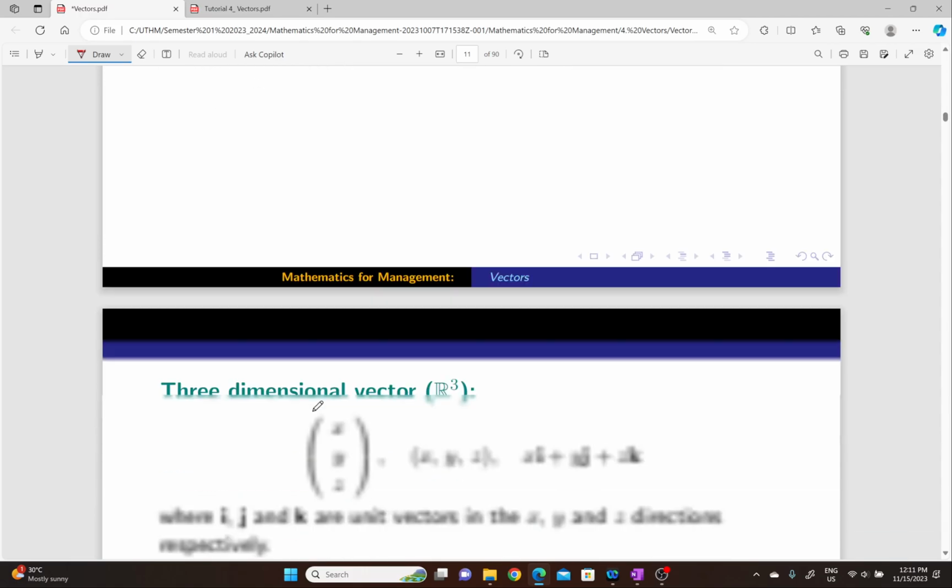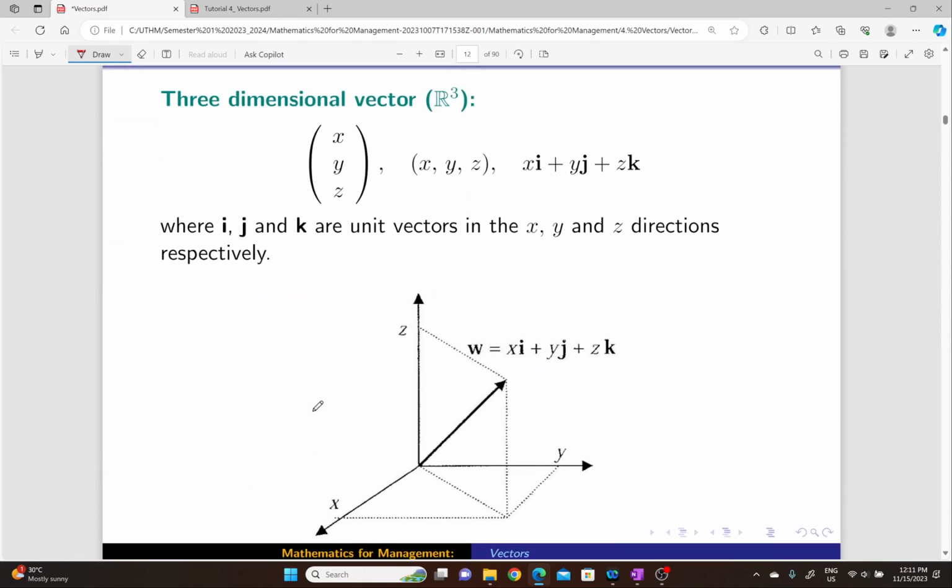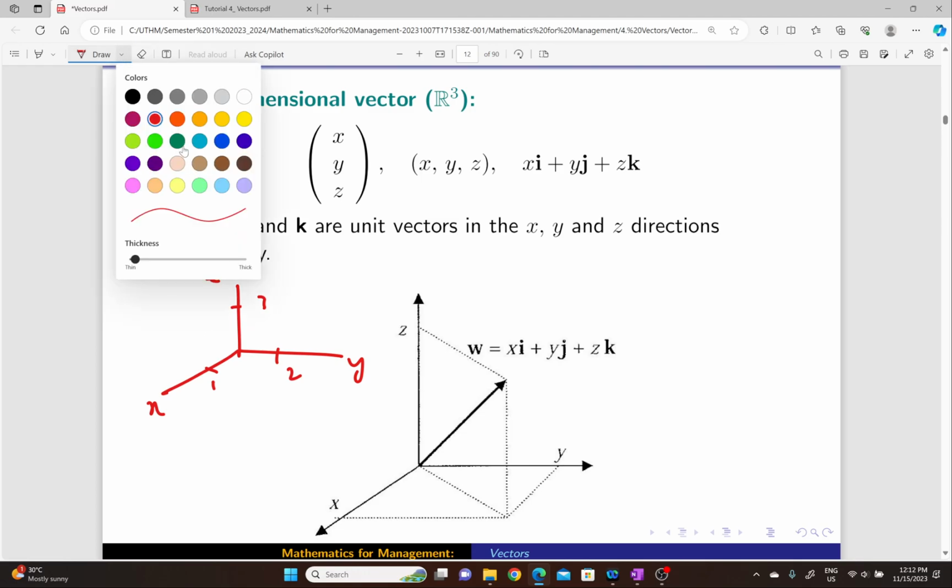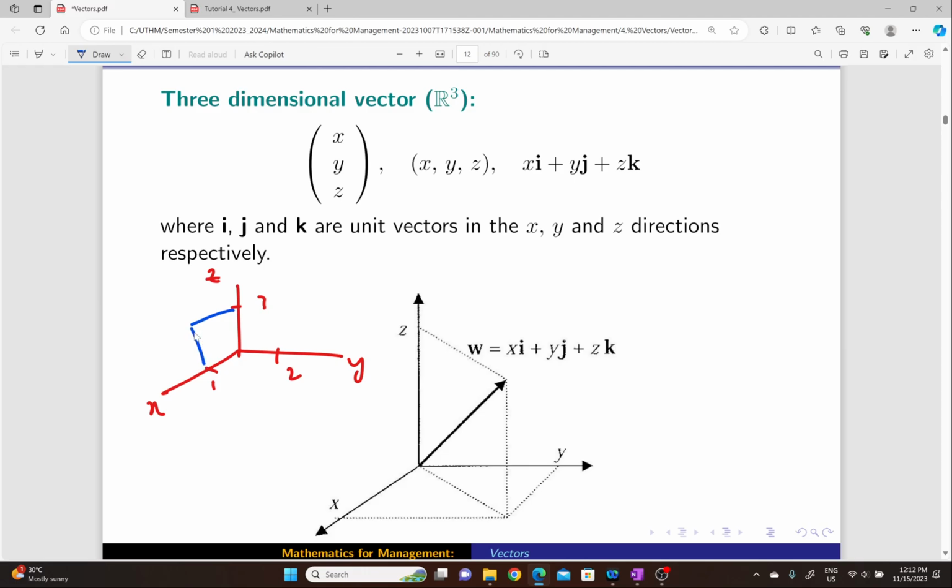For 3-dimensional it is the same thing. 3-dimensional we are going to draw in 3D. Let's say 1, 2 and 3 here. How to draw this, we put a triangle here and put a triangle here.